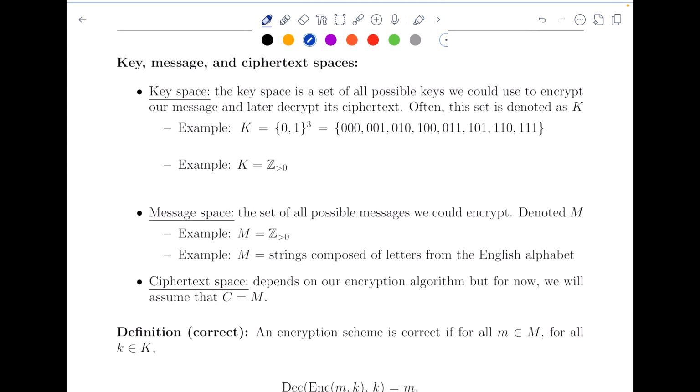To formalize a little bit more some of the things that we care about in terms of cryptography, we need to think about sets. As usual, we're using capital letters to reference these sets. I have here the capital letter K, which is going to represent my key space. The key space is the set of all possible keys that we could use to encrypt our message and later decrypt the ciphertext. A couple of examples here. K could be the binary strings of length 3.